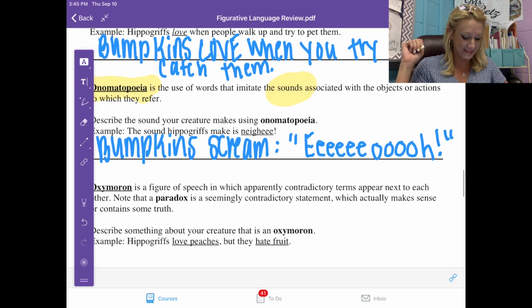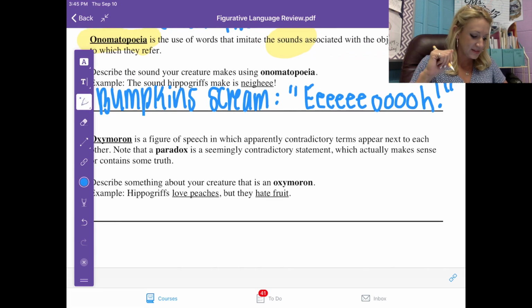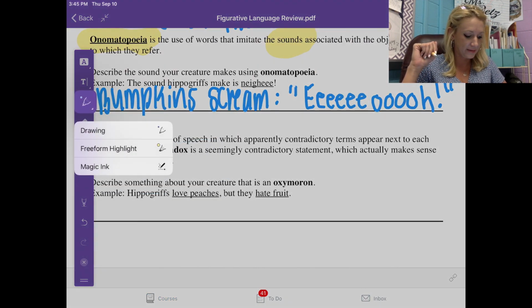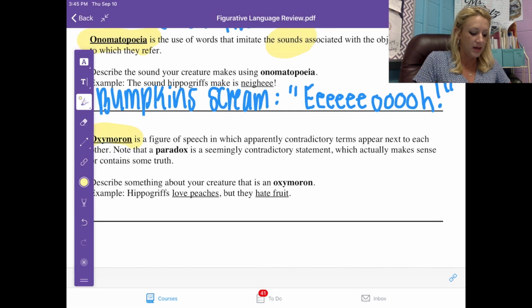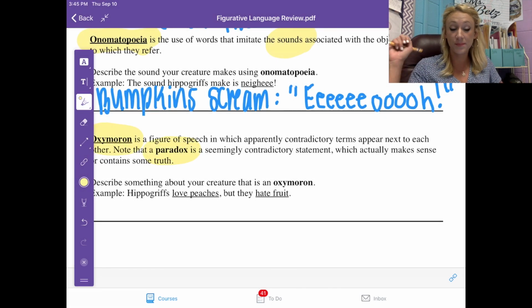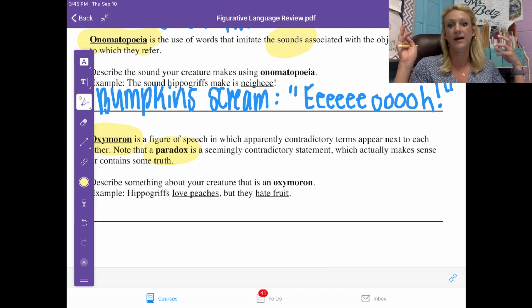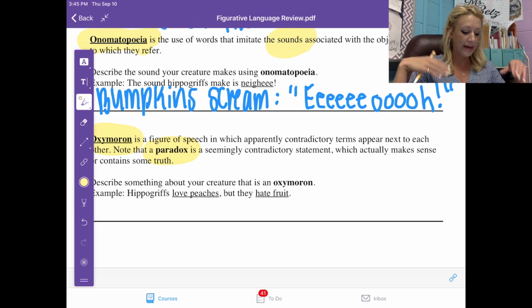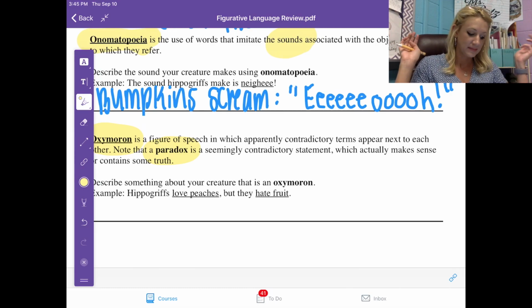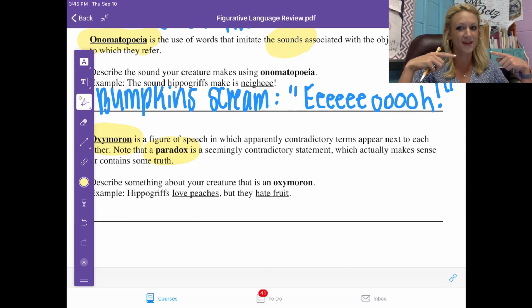Okay, I have my example. Next up, this might be new, an oxymoron. An oxymoron can also be referred to as a paradox. This is when two seemingly contradictory things are true at the same time. So, for example, hippogriffs love peaches, but they hate fruit. That would be an oxymoron. Those are two contradictory facts. They kind of go against one another.